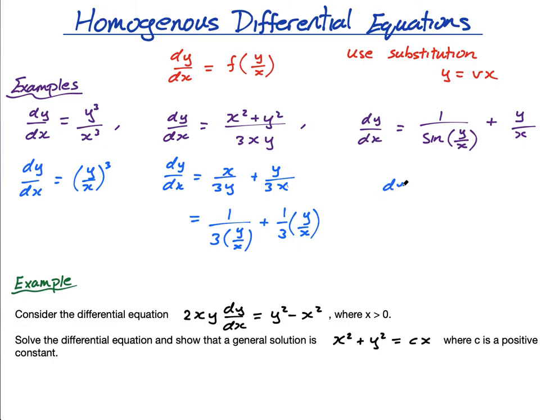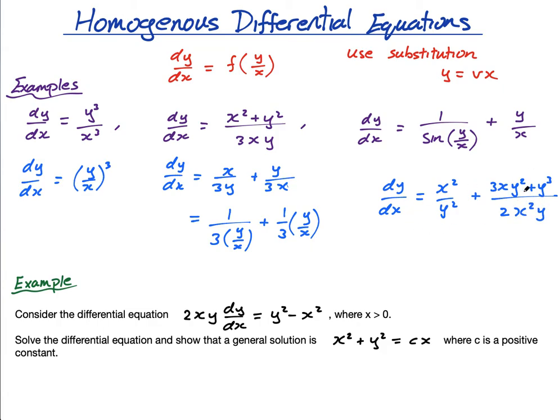Similarly, if we had something like this, dy/dx equals x squared y squared plus 3x y squared plus y cubed over, I don't know, 2x squared y.